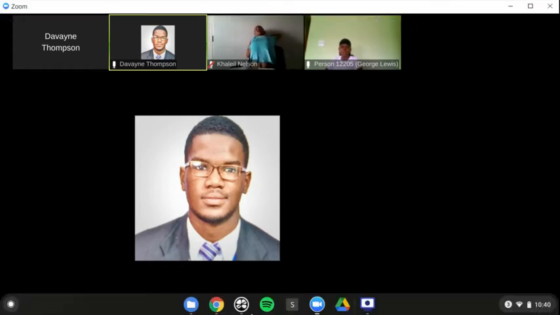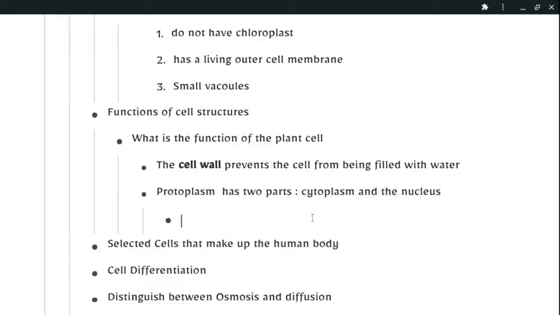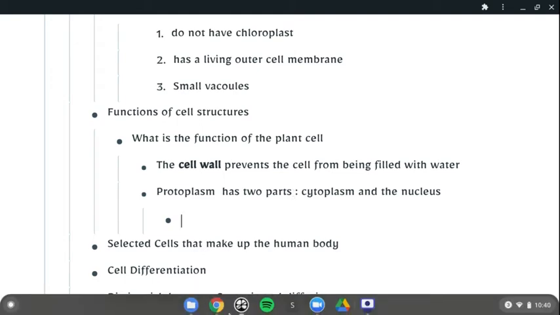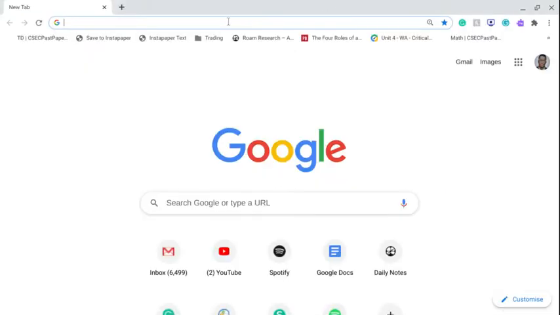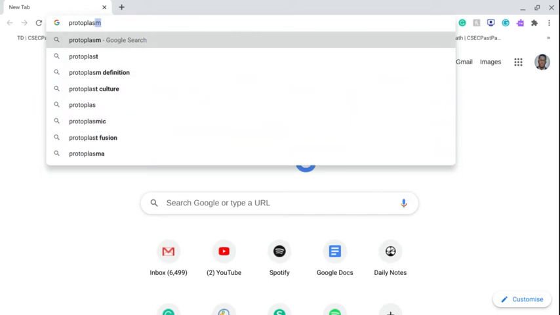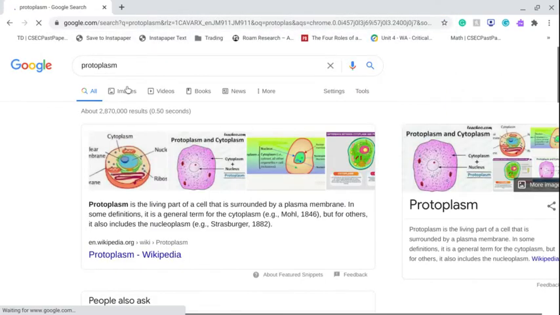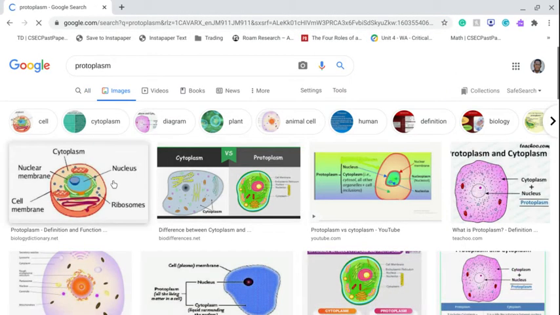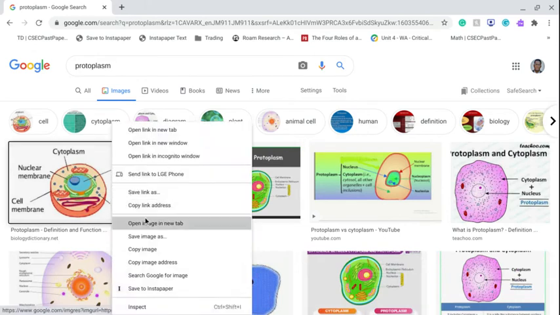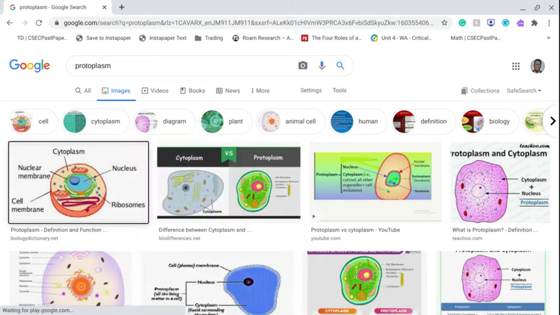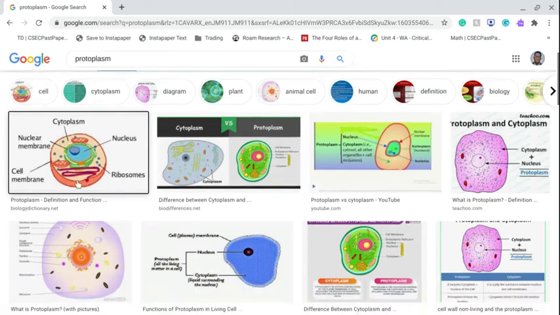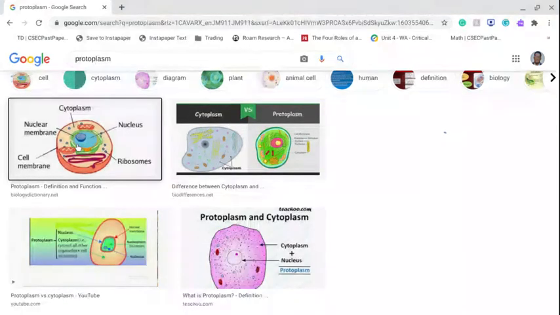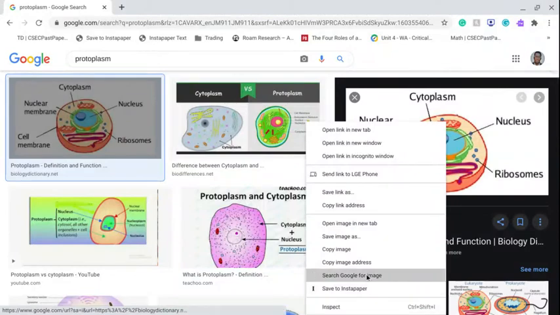So we're at cytoplasm and protoplasm. Let me get a diagram quickly to show protoplasm, because it seems like it's the first you guys are hearing of it, right? All right, there we go.